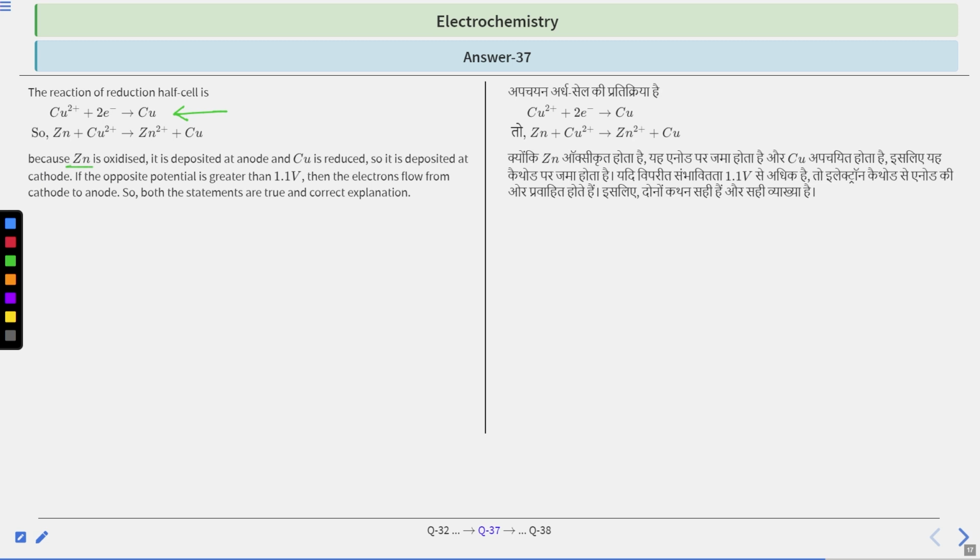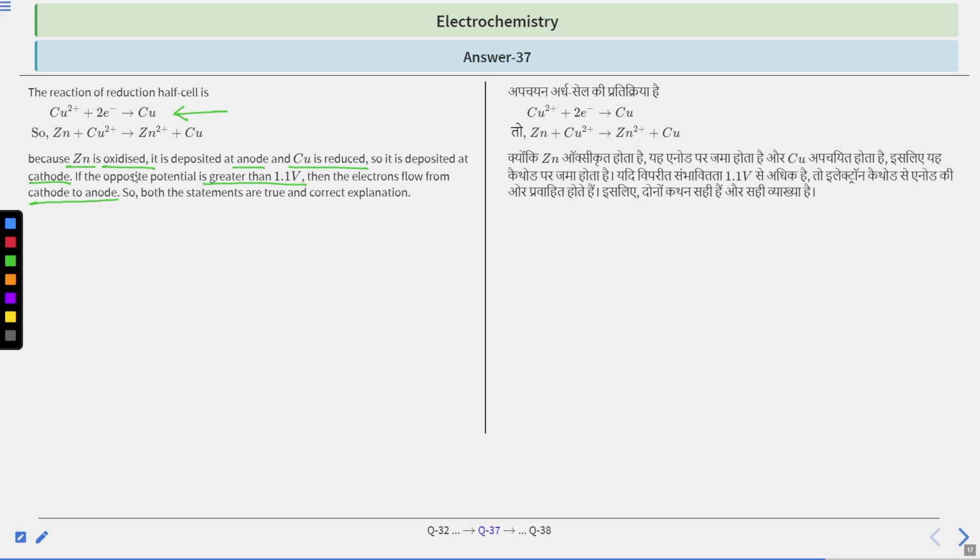Now because zinc is oxidized, it is deposited at the anode, and copper is reduced, so it is deposited at the cathode. If the opposite potential is greater than 1.1 volt, then the electrons flow from cathode to anode, and both the statements are true and the second is a correct explanation.